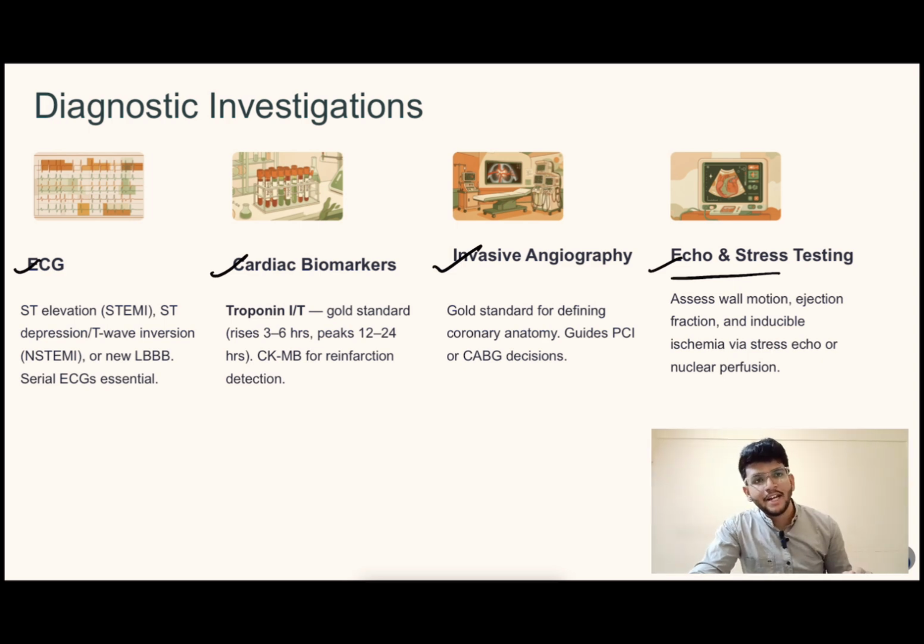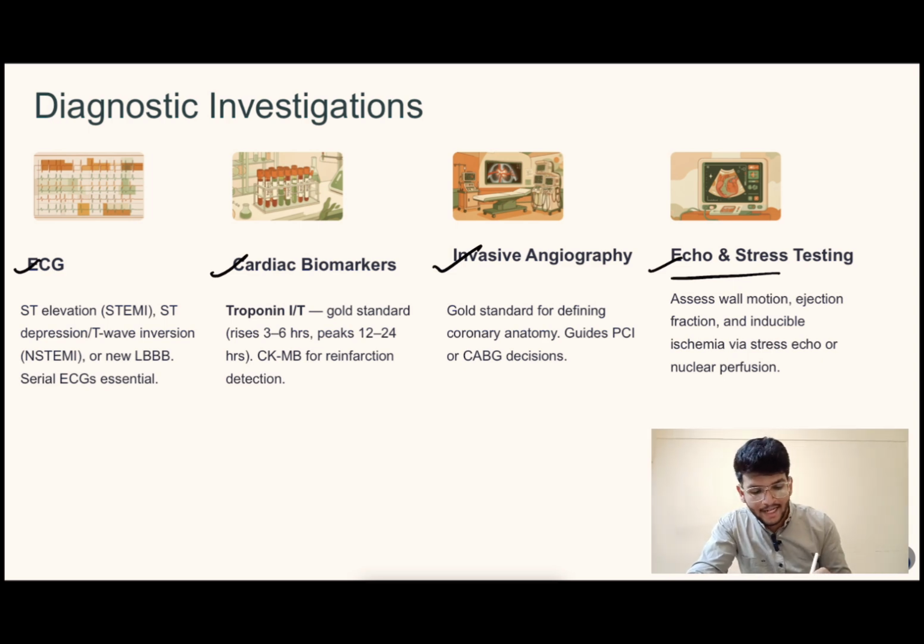Now let us learn the management of ischemic heart disease. In pharmacological management, we use antiplatelet drugs like aspirin and clopidogrel, where aspirin has a dose of 75 to 325 mg per day. Anticoagulants like heparin.